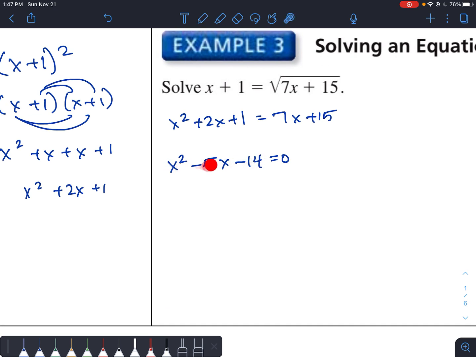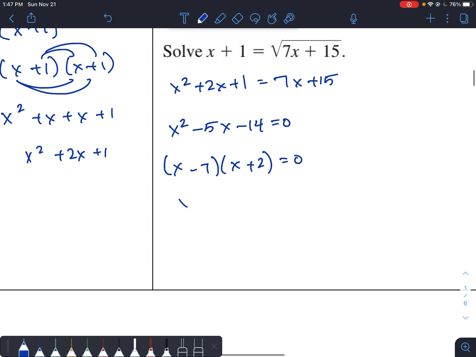Now that I have the quadratic equal to 0, factor the quadratic if possible. I need two numbers that multiply to be negative 14 and add to be negative 5. That would be minus 7 and plus 2. So here x is equal to 7 and x is equal to negative 2.